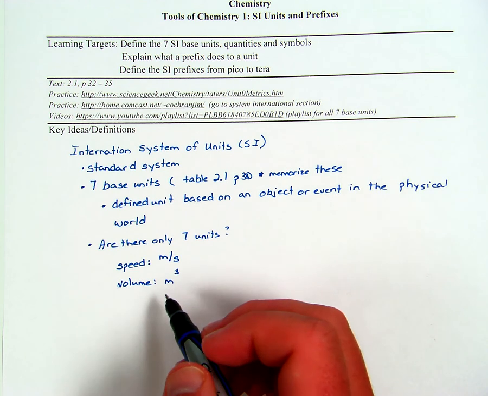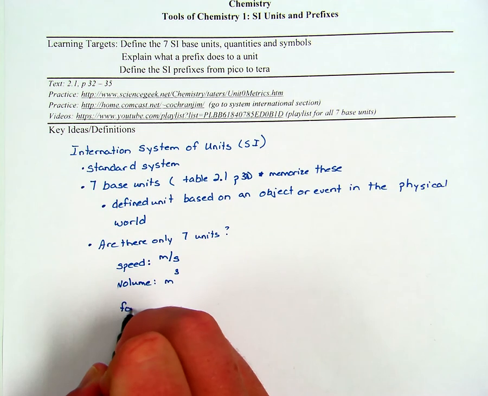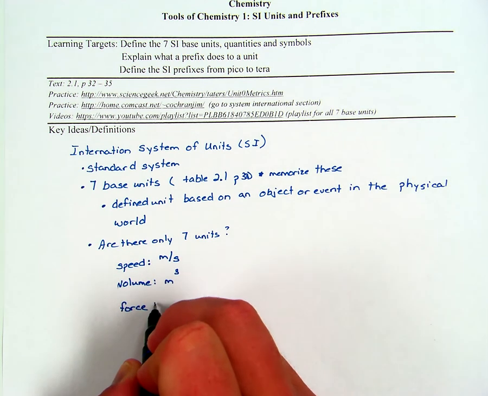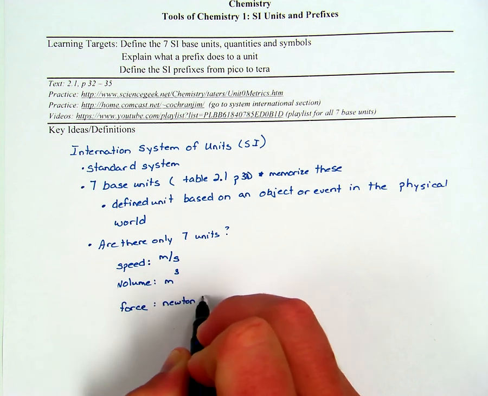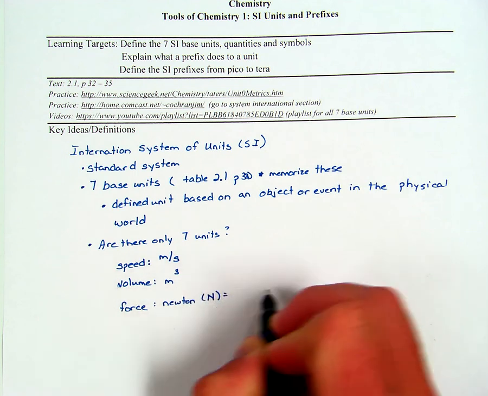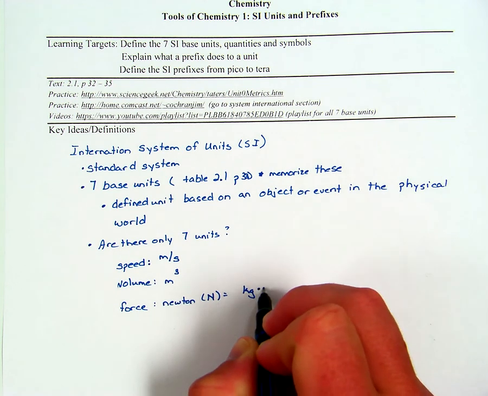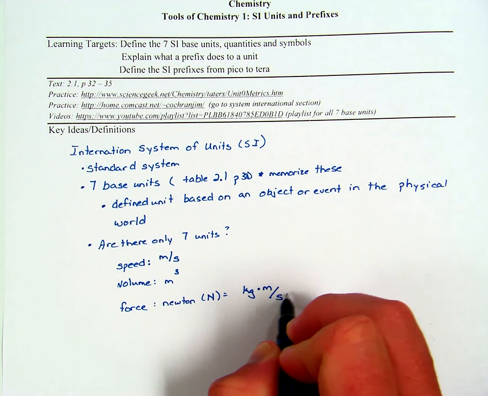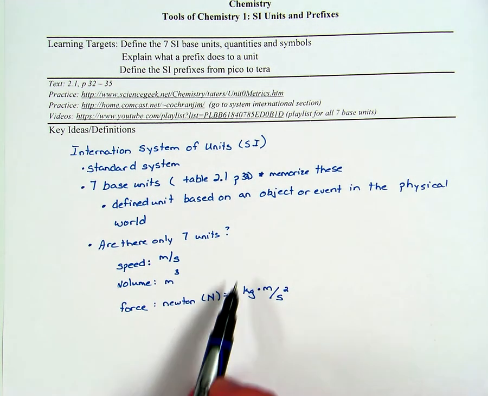Another example would be a unit for force. In the SI system, the SI unit for force is the Newton, the symbol is the capital N. And that is actually equal to a kilogram, notice that's a base unit, times a meter, which is also a base unit, divided by a second squared, and a second is also a base unit. So we can see how all of these units are made up of base units.